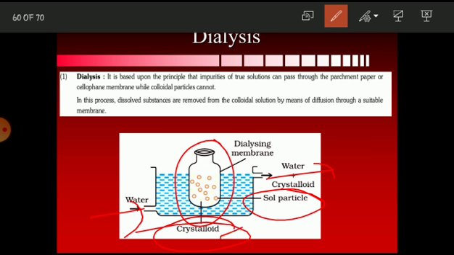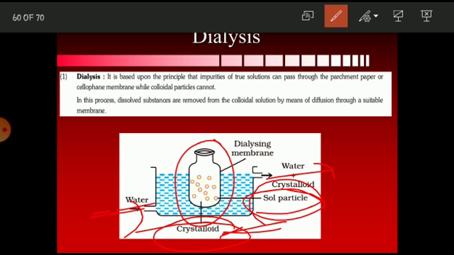We have to remove the crystalloids because those are the impurities present in the colloidal solution. We know that crystalloids have smaller particles, and these particles can pass through the filter paper easily, and therefore we use the animal or parchment membrane, where we can pass the crystalloid particles easily but cannot pass the colloidal particles.